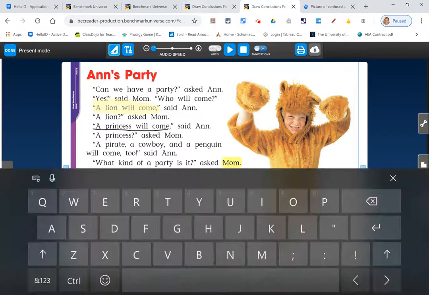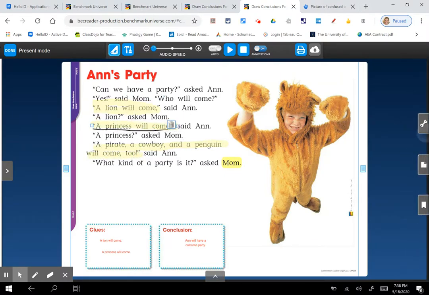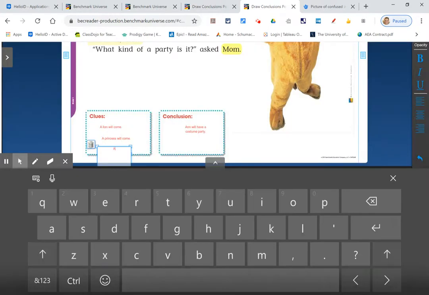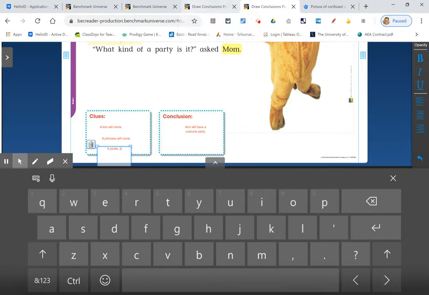Okay, who else did she say will come? Well, she also says a pirate, a cowboy, and a penguin will come too. Okay, so we're going to write those clues down. So she says a pirate, a penguin, and what was the last one?